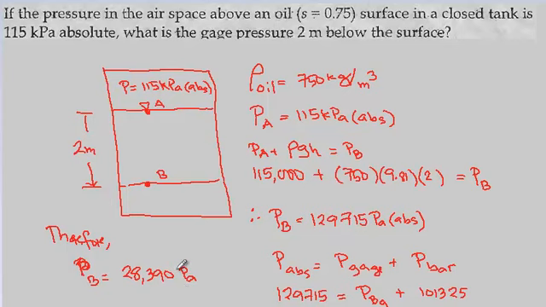This simply means that the pressure at point B is 28,390 Pascal, or 28.4 kilopascal higher than the surrounding. Meaning, the pressure at B is higher by 28.4 kilopascal than the surrounding air. Take note that this tank is sealed. If it were not sealed, the pressure here would be just 1 atmosphere absolute, meaning open to the atmosphere. Okay, that's it.